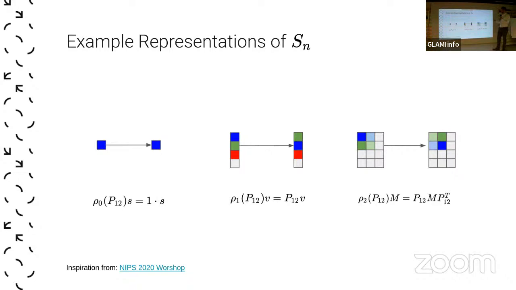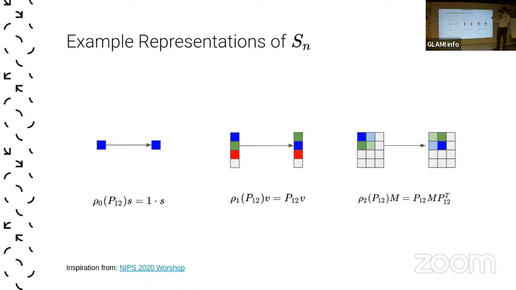So, for example, let's talk about the group Sn, which is permutations of n numbers and blocks. And here are some particular representations of this group, and in particular of one transformation from this group, and that's switching the first two nodes in a graph or in a set, right?